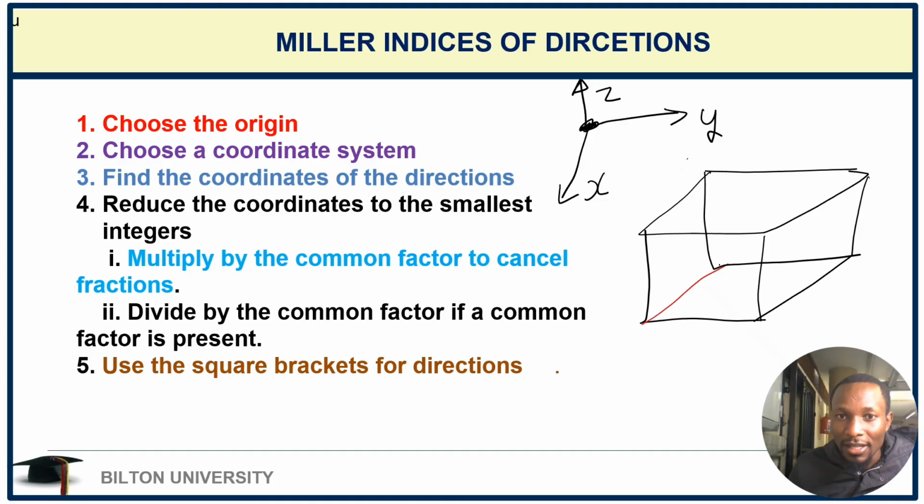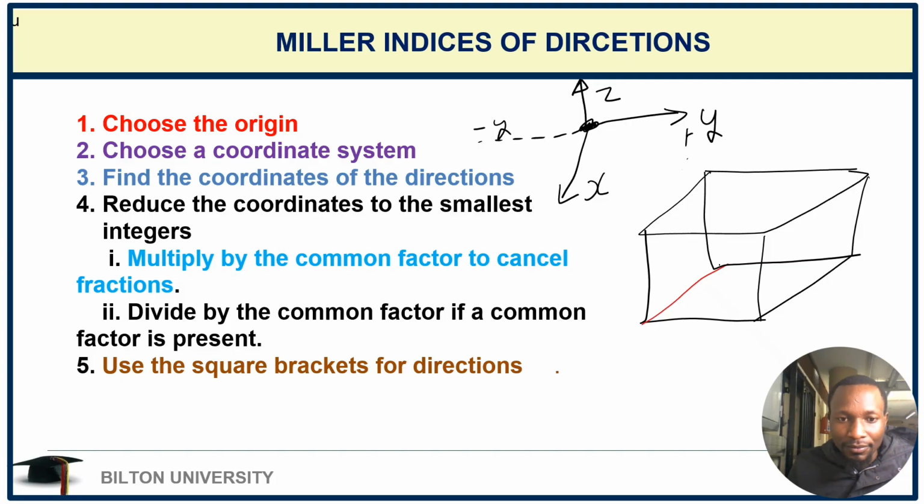Now you notice that when we go to the right we have positive y, and therefore if you are going to the left, then you are going to have minus y. So everything that moves to the left of the origin along the y-axis will be minus y.